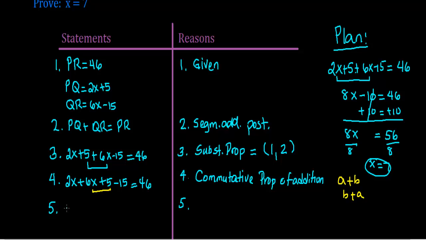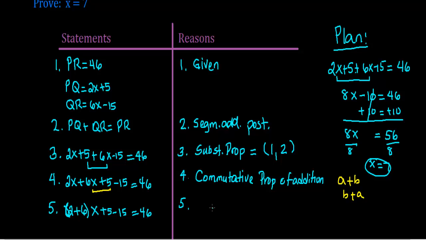So I can factor, or I can use the distributive property to say, well, I have, this is a parentheses, I have 2 plus 6 times x. I take that common factor and I write it outside of the parentheses. And I can say that 2 plus 6 times x plus 5 minus 15 is equal to 46.